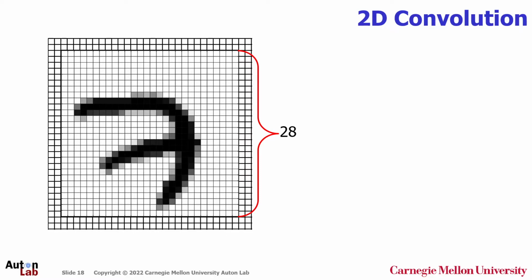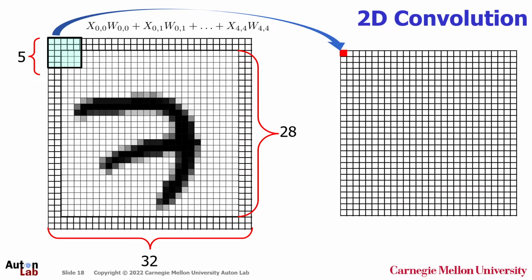This new zero padded image has a size 32 by 32. After this, we convolve this image with a 5 by 5 convolutional kernel, and this will create a new 28 by 28 dimensional image.